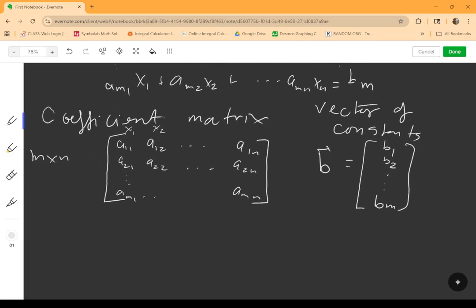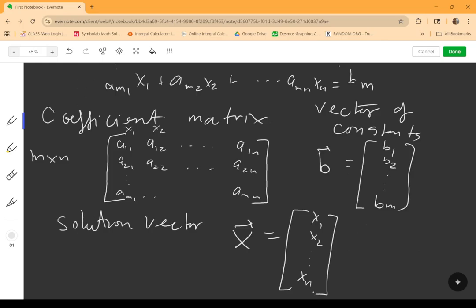Okay, and now we have a third part of this setup, the solution vector. And that is defined by x, and that is x1, x2, all the way to xn.